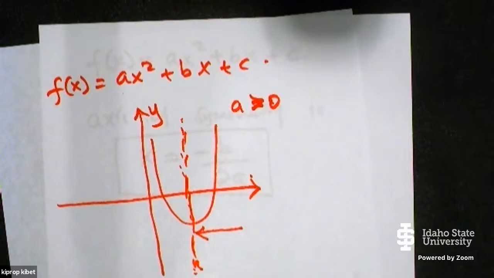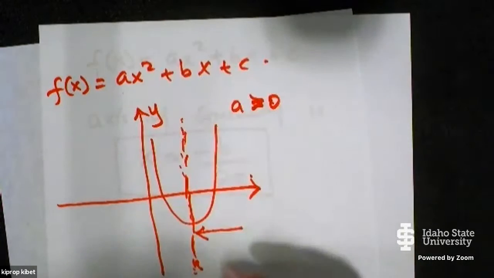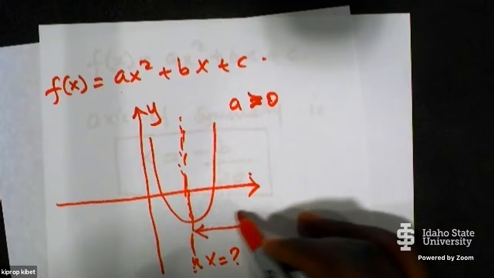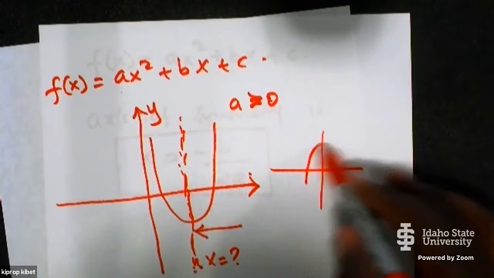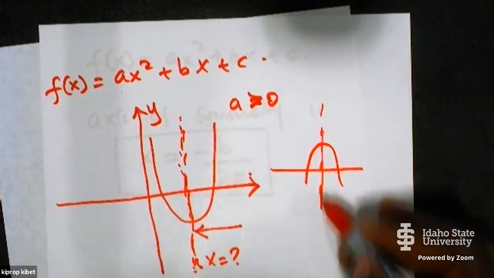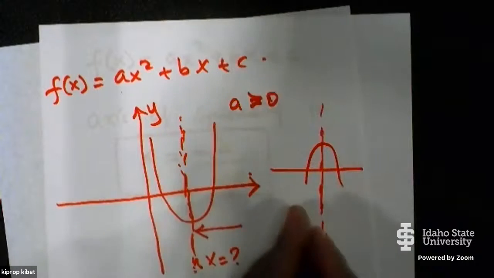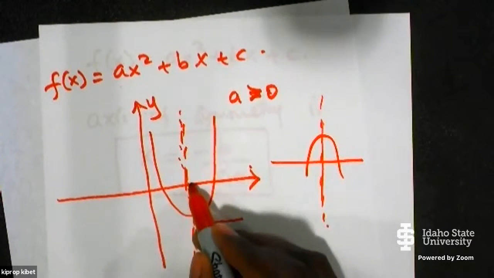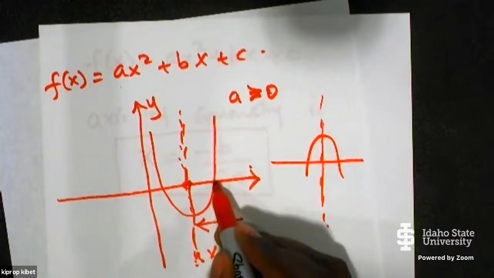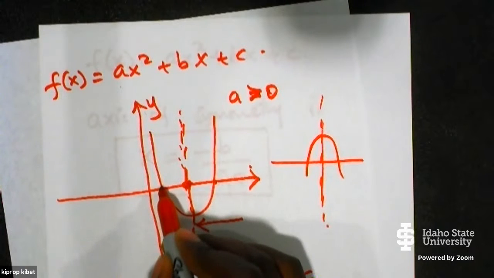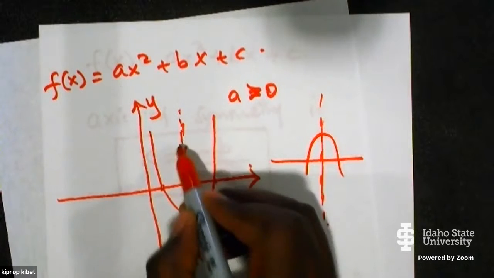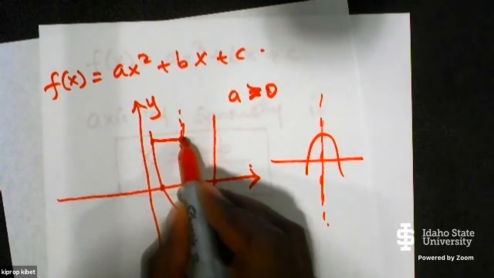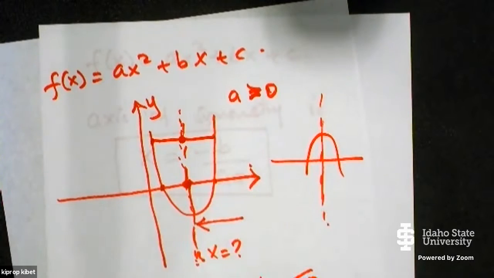Because we say the axis of symmetry is x equals something, it is a vertical line, and it can be here or here, wherever x is. From this point on the graph to the axis of symmetry is similar to the distance from the axis of symmetry to the point on the other side.